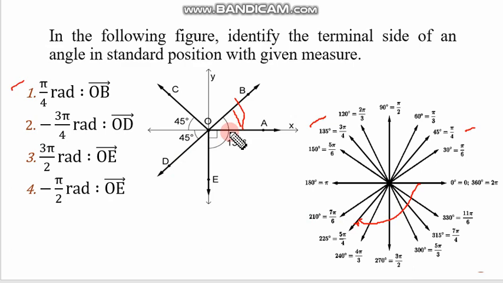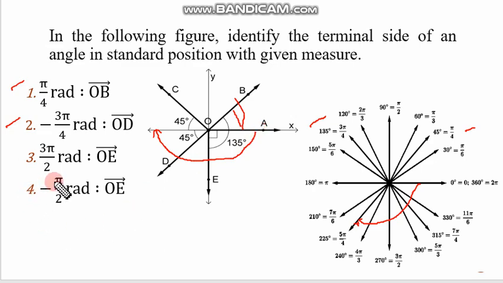So half of the unit circle is 180 minus 45, that's 135. Therefore, ray OD is the answer with a negative 3 pi over 4.